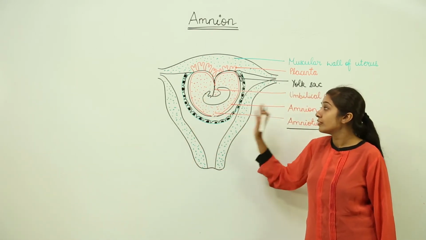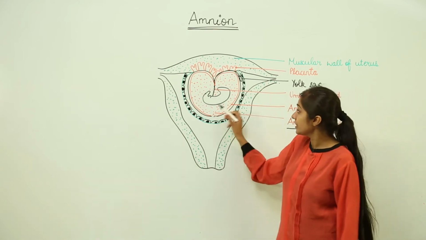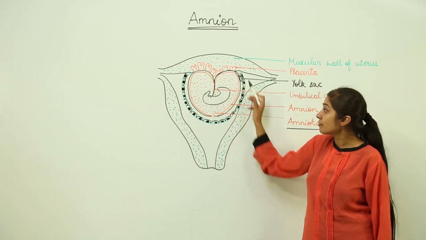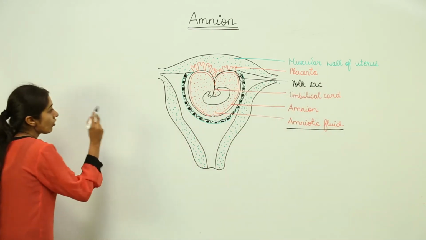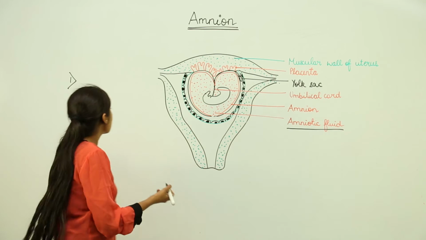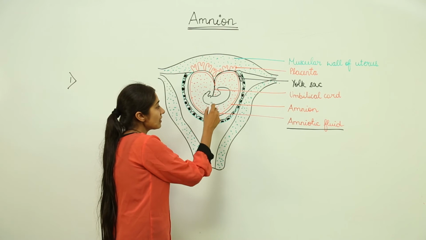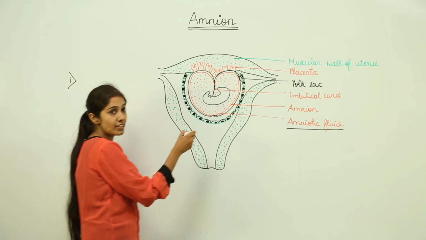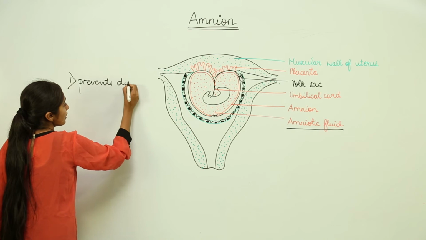So this amniotic fluid is very important, and it lies between the fetus and the amnion lining. Amnion is what? It is a sac which is developed before the development of even the allantois. So just see what we have discussed. The first function of this amniotic fluid is that it prevents the direct contact of the amnion, the sac lining, with the fetus.